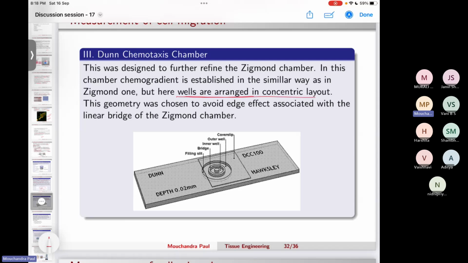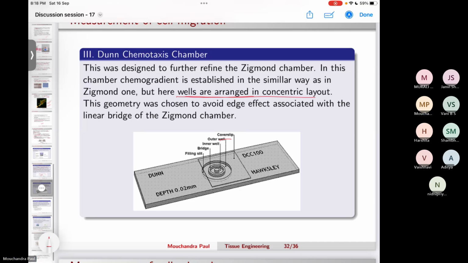In one well there will be media, in another well there will be chemoattractant, and a bridge separates the outer well and the inner well. On the inverted side of the cover slip, cells are adhered, and you can see under the microscope how the cell is migrating either towards the chemoattractant or towards the media.